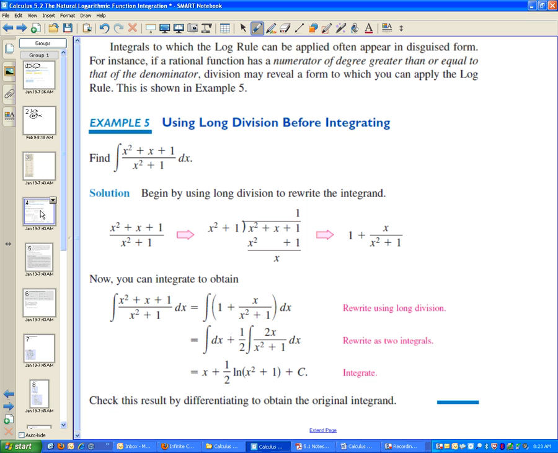But that can't all be replaced by x dx, can it? So they do some long division. They rewrite the whole thing. Then they're back in business. So don't try long division as your first option. But don't forget it's an option. Okay?